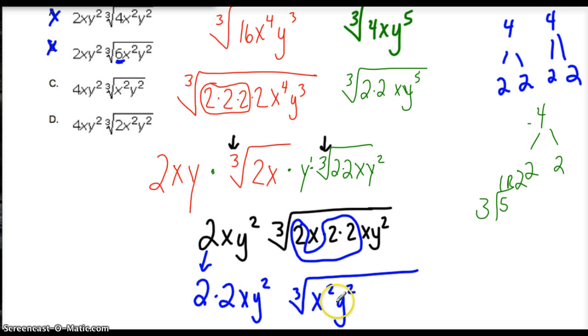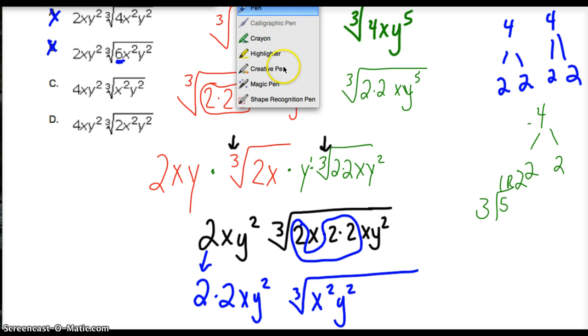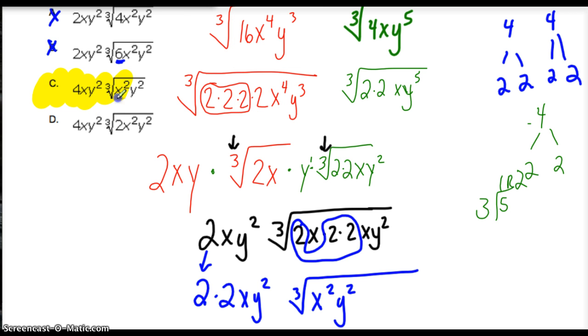Xy to the second holds, and then you have the cubed root of x squared, y squared. So C is the answer there, because it matches this. So once again, to recap on that one, if these index numbers are the same, I can put them together all under one radical.